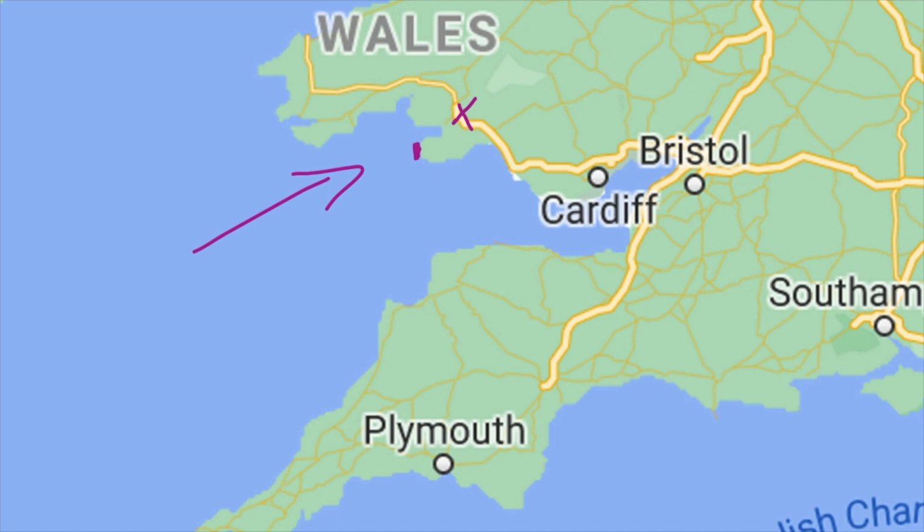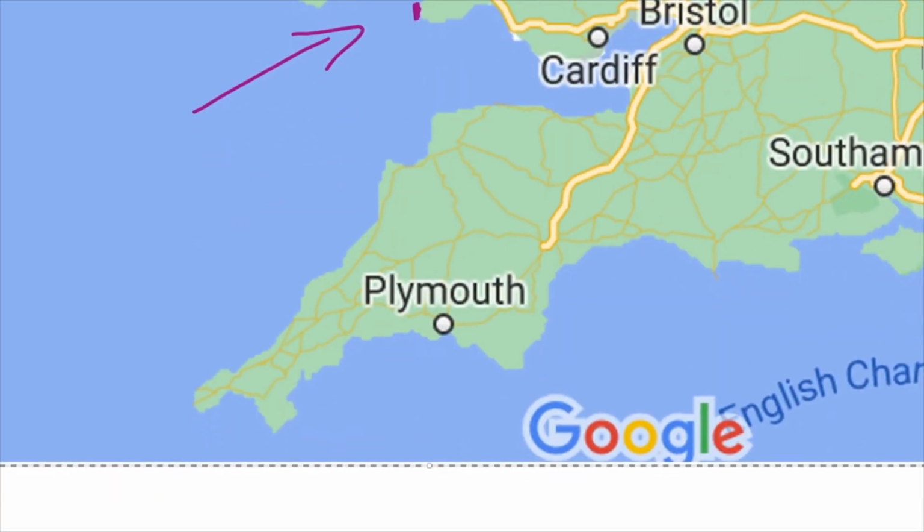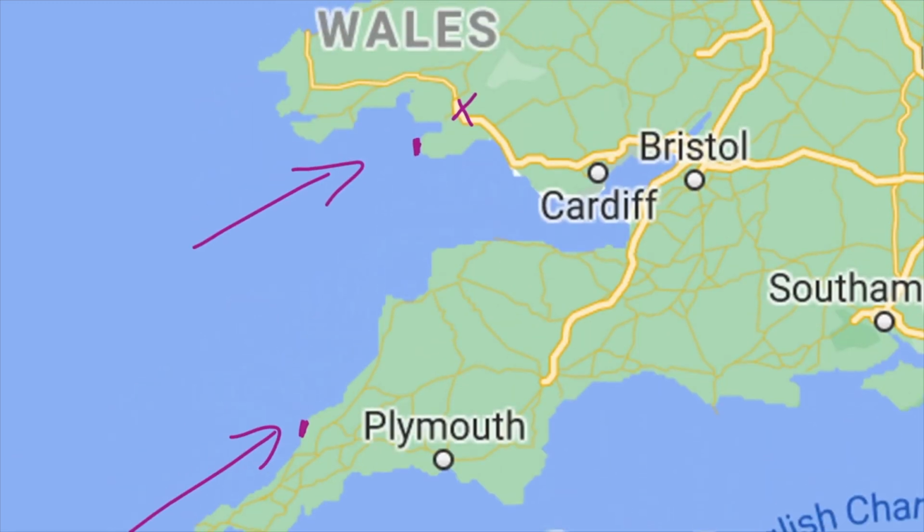And Newquay is down near Cornwall, and this is the coast of Cornwall, and Newquay's here, so you can see that they'll also get those waves coming in from the southwesterly direction, which is often the prevailing wind in the UK.